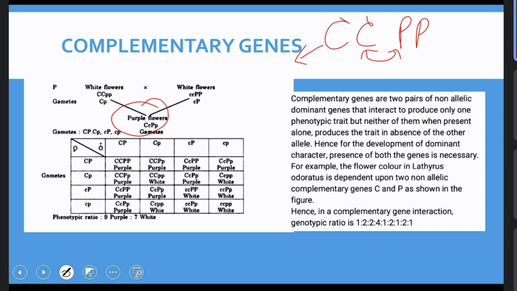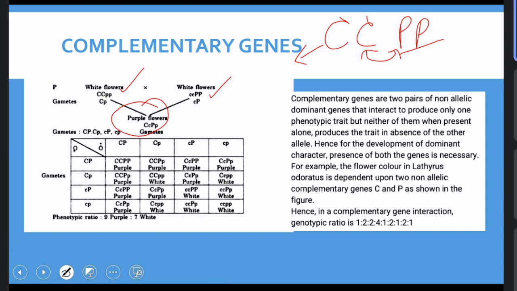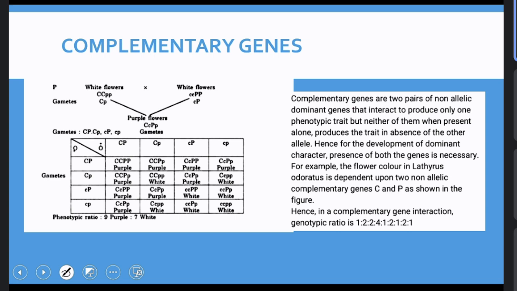Capital C in the absence of dominant P, that is capital C with small p, cannot produce it. Likewise, dominant P cannot produce it in the absence of dominant C. It results in white. Both pairs of non-allelic genes in dominant state are required for this character to be produced, and hence such genes are called complementary genes.